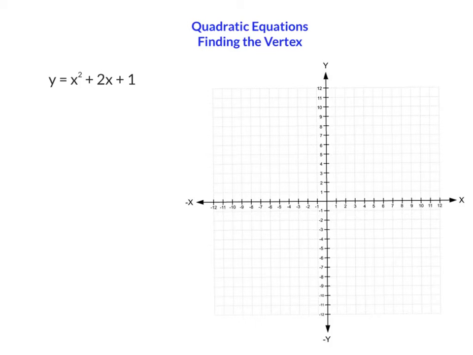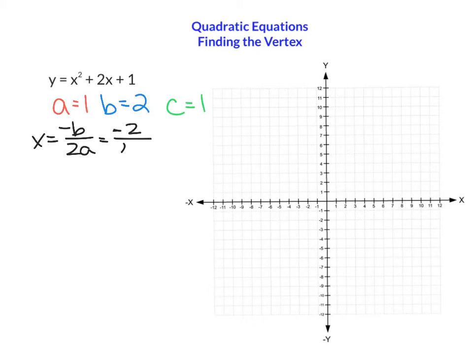So again, I'm going to start by labeling my A, B, and C. So A equals 1, B equals 2, and C equals 1. And I have to find my axis of symmetry to get started. So x equals -b divided by 2a, which will be -2 divided by 2 times 1, which gives me -2 over 2.